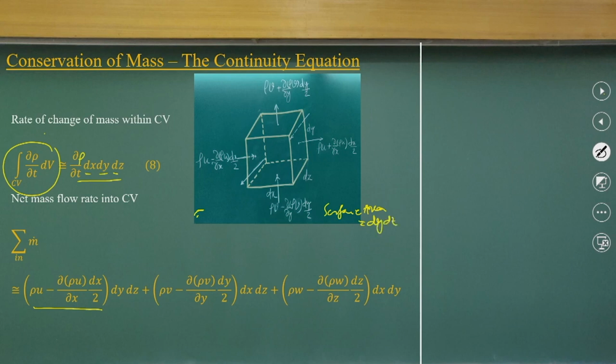The velocity is perpendicular to that, so the mass flux will be rho times velocity times the area dy dz.